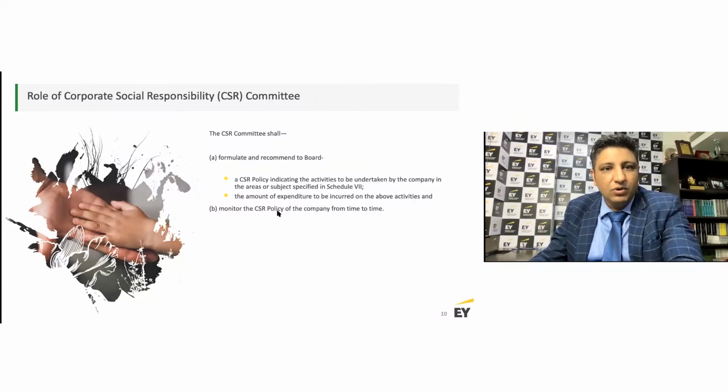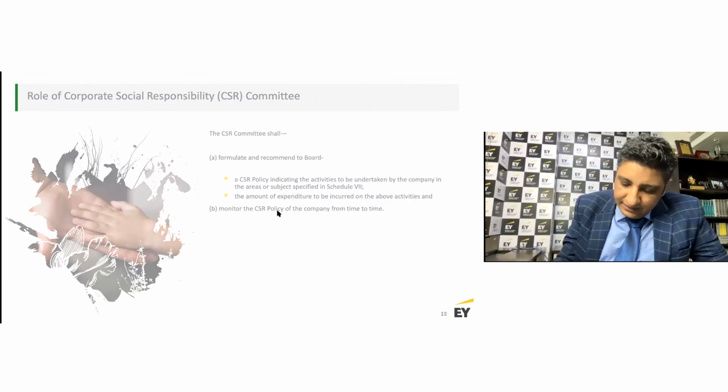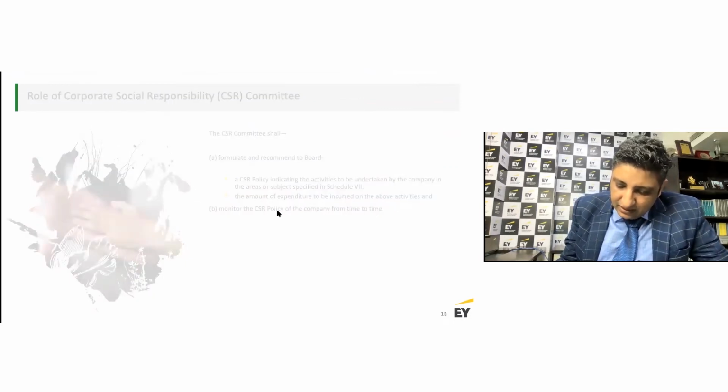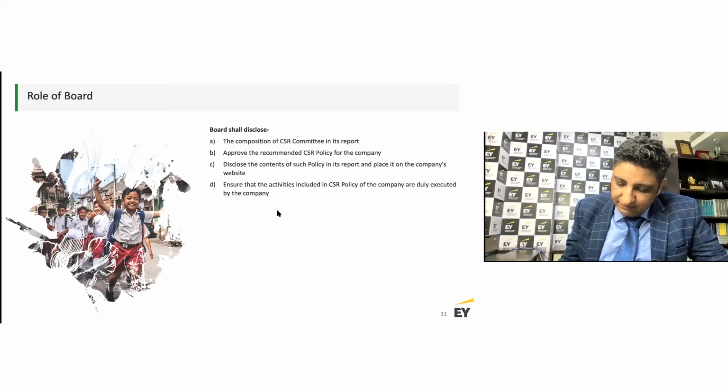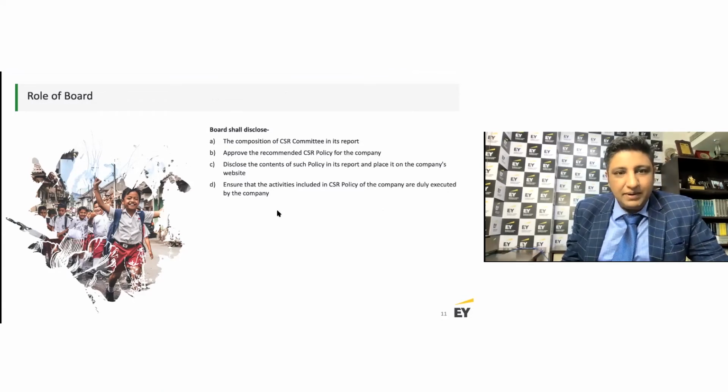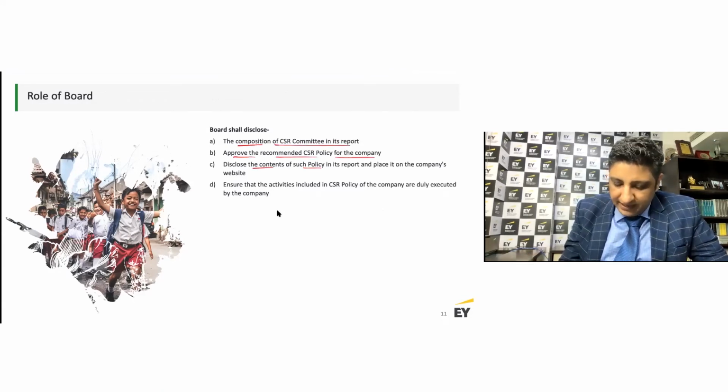Okay, so the board further should be looking at disclosure of the composition of the CSR committee, approve the recommended CSR policy, disclose, of course, the contents of the policy in terms of what it's all about, and of course should also be highlighting it on the company's website. Ensure that the activities included in the CSR policy are duly executed by the company.